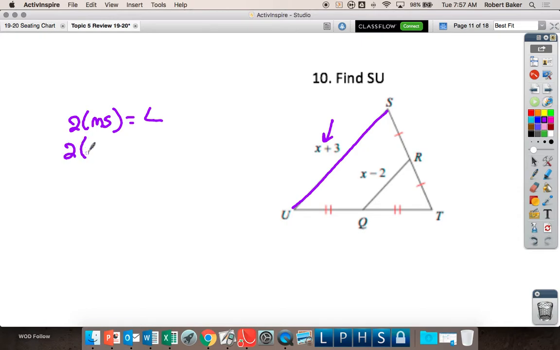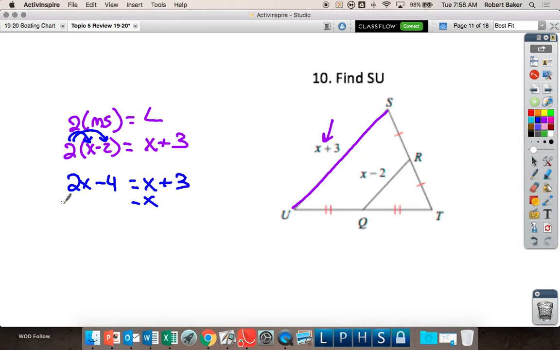And we're going to start mathing through that. So we'll distribute. 2 times x is 2x. 2 times -2 is -4 equals x plus 3.